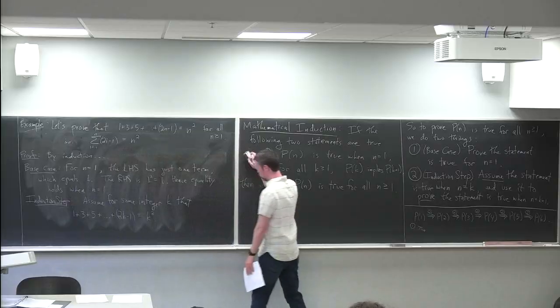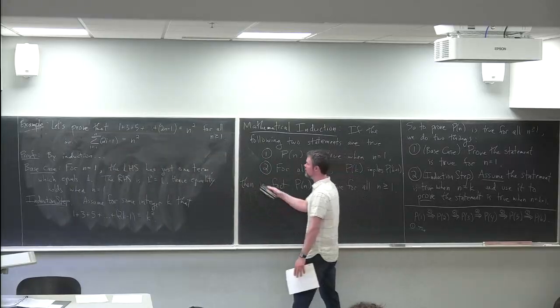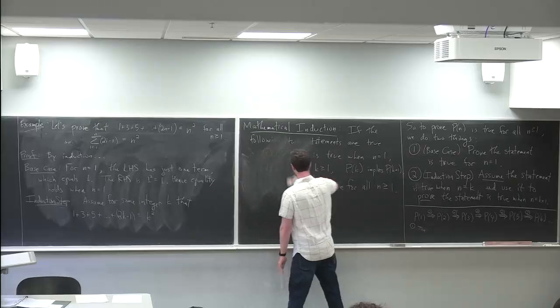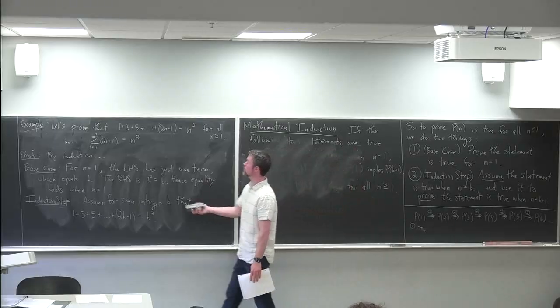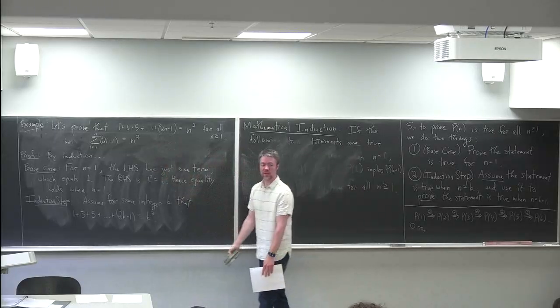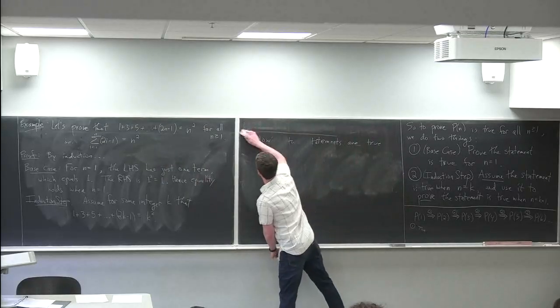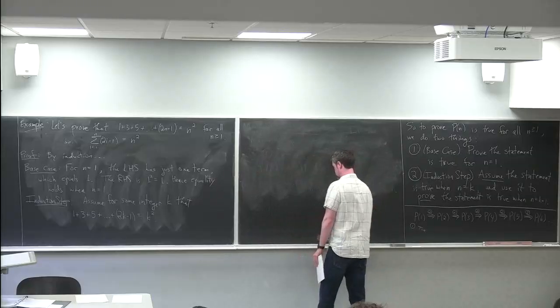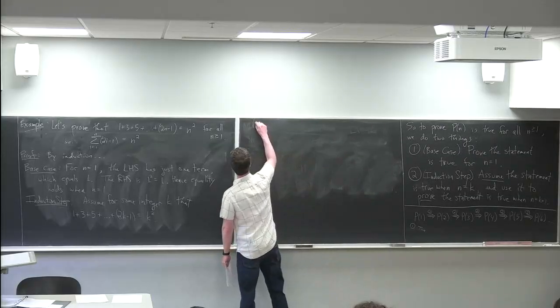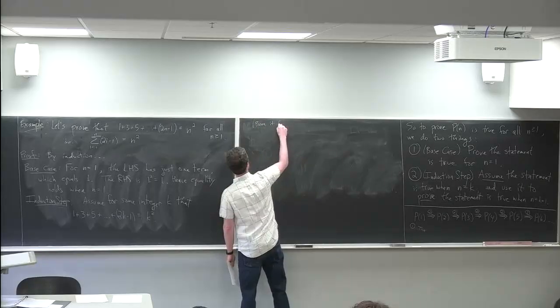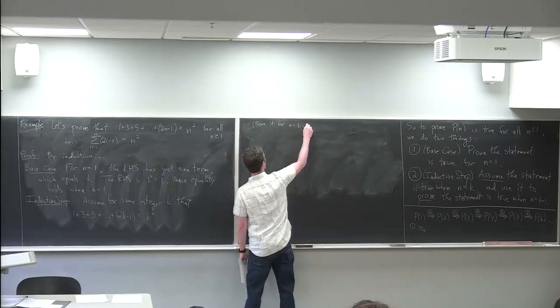So we get to work with that. We get to assume that's the case. And then our job is to prove that the same formula holds if we plug in k plus 1 in place of n. So now we have to prove it for n equals k plus 1.